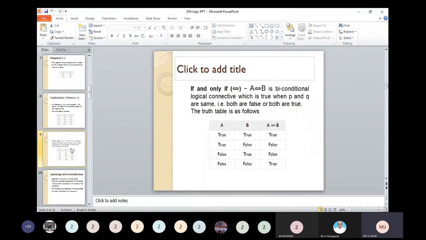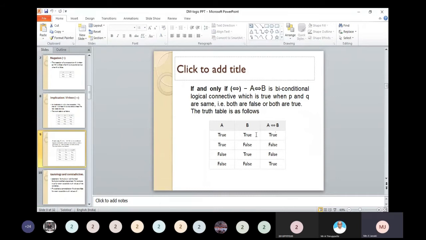And then next, see the biconditional. Biconditional means if and only if. See here in this table, if both the values are true, then the biconditional value is true. If both the values are false, the result will be true.